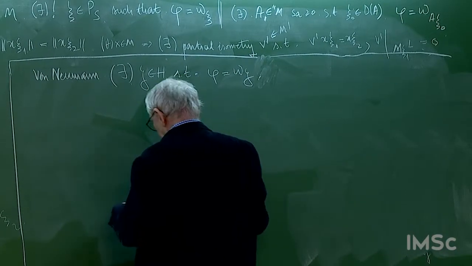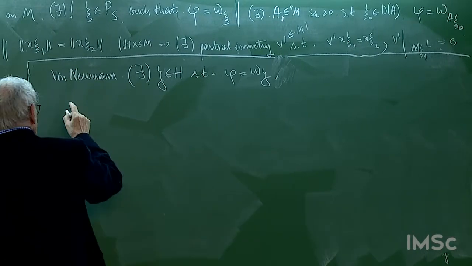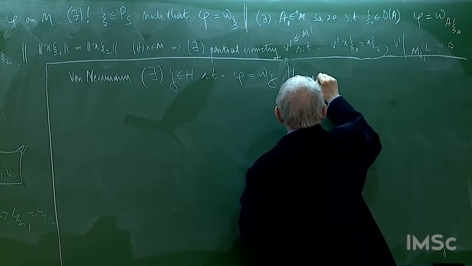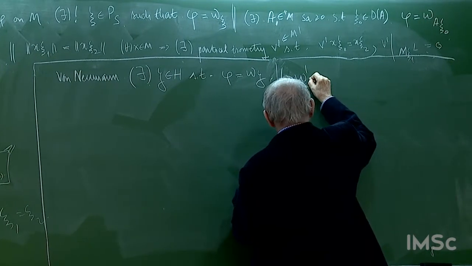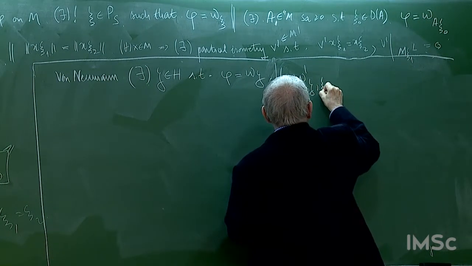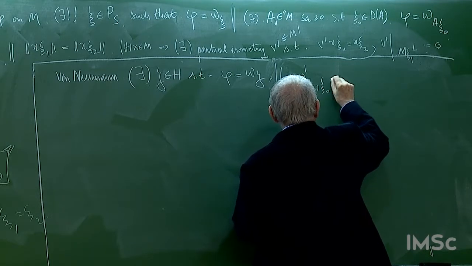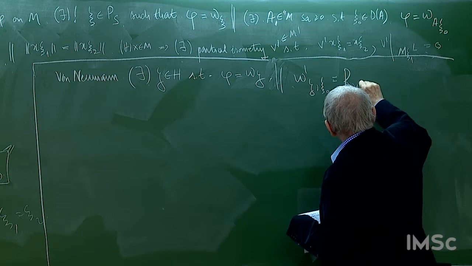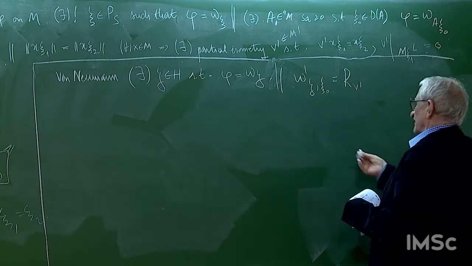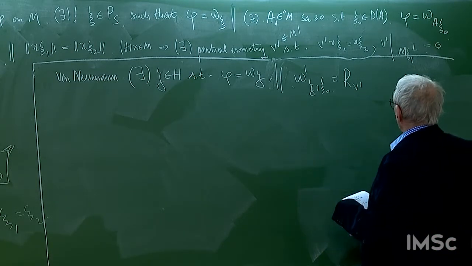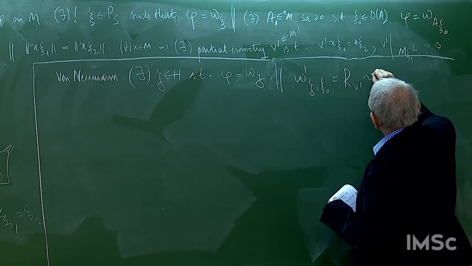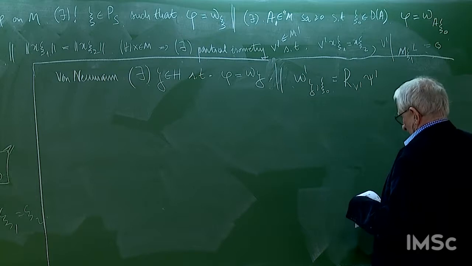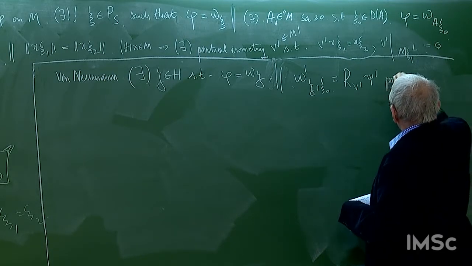Okay. Now consider the polar decomposition of omega prime zeta xi 0. It's equal to the polar decomposition. This is a partial isometry, I mean in the commutant, as we did. Psi prime. Good. This is the polar decomposition.